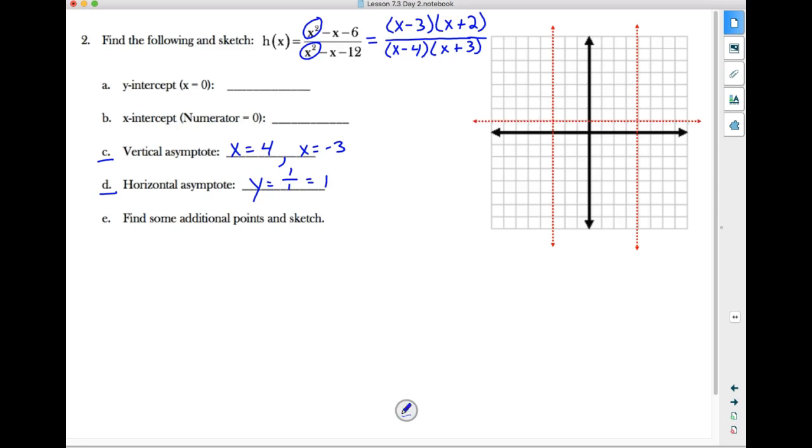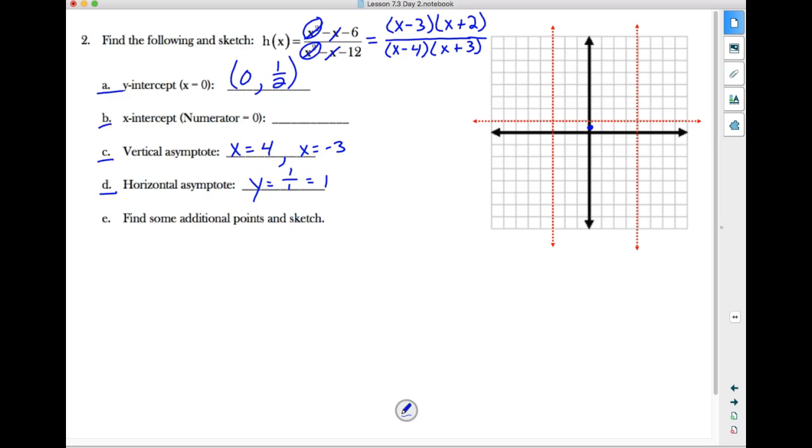And after I plotted my asymptotes, next thing I would do is find my y-intercept. Because when I plug 0 in for x, I can see anything with an x is going to be gone, and I end up with (0, 1/2). And my y-intercept, I can see that is going to be (0, +1/2) right up into this area.